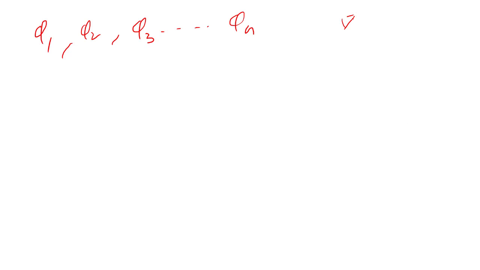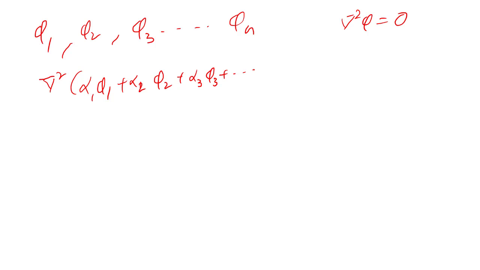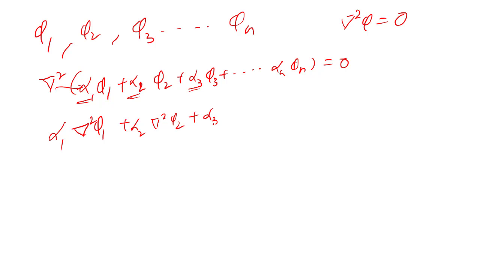Then if I were to have a new function that looks like alpha 1 phi 1, alpha 2 phi 2, alpha 3 phi 3, and so on till alpha n phi n, I can take the del square operator. These alphas are just constants. So I would get alpha 1 del square phi 1 plus alpha 2 del square phi 2 plus alpha 3 del square phi 3, and so on, is equal to 0.